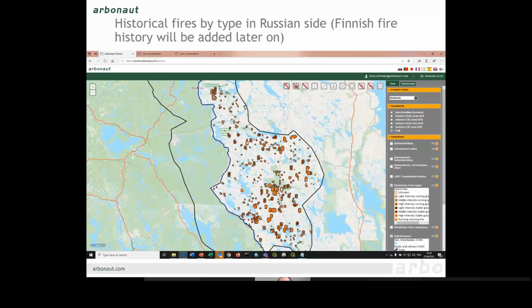The most interesting fires in terms of risk are this bright orange running crowning fire. These are the ones that spread with very high speed in good wind conditions and can be devastating and cross the border real quick. And then the lower intensity fires are presented here with black, gray and white scales. So this gives you an idea where historically fires have occurred close to the Finnish border. We will have the corresponding data set on the Finnish side as well.